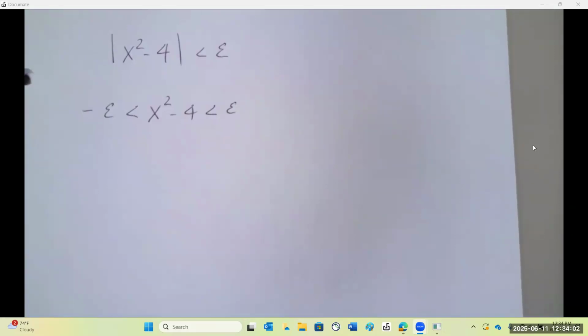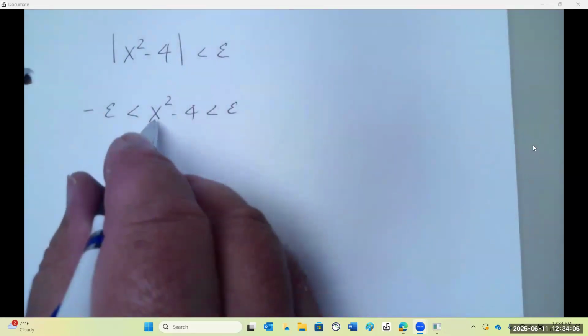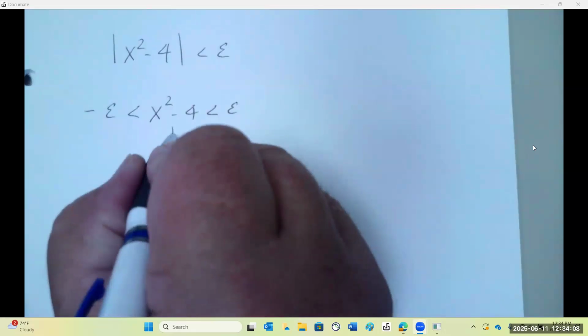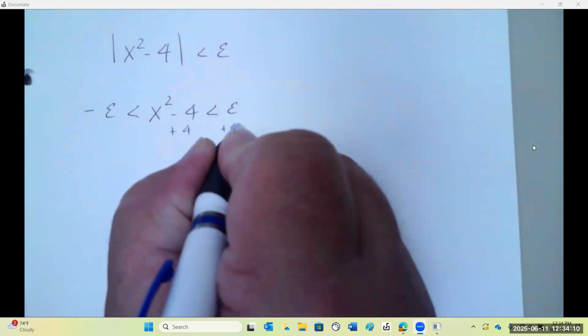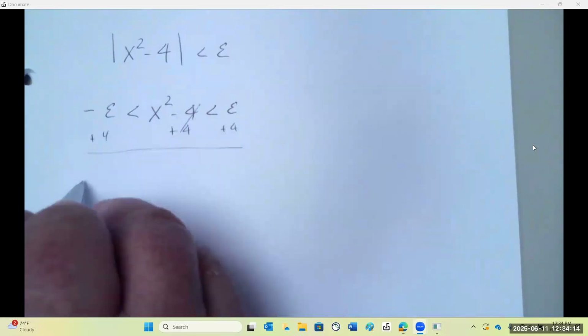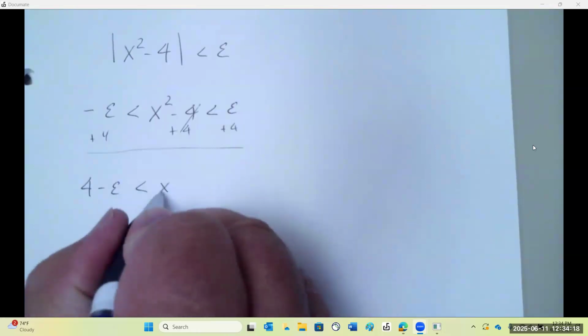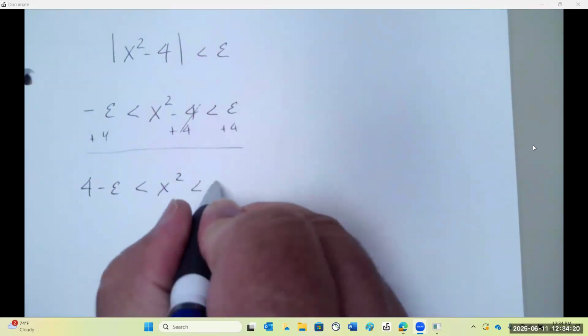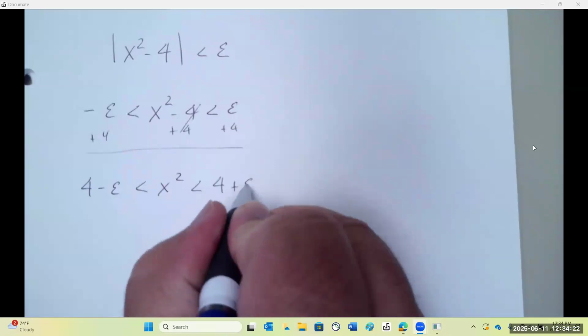Next step, because we're solving for x, add 4. So we have 4 minus epsilon is less than x squared is less than 4 plus epsilon.